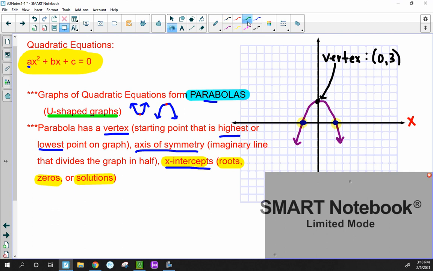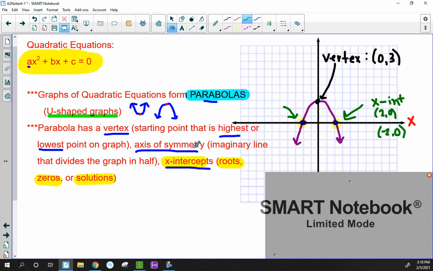The solutions, x-intercepts, roots, would be the places I've highlighted. Those are the x-intercepts, roots, solutions, or zeros. The locations of these on this graph are 2, 0, and also negative 2, 0.